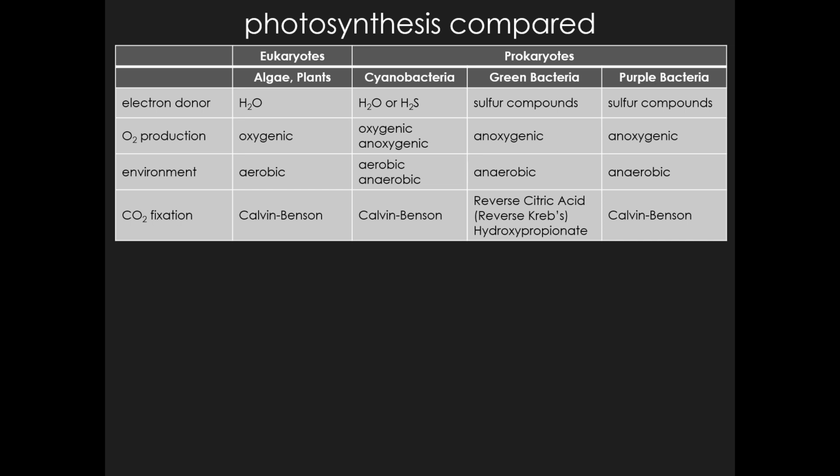Because they use sulfur, they do not produce oxygen. They live in an anaerobic environment. Again, their pigments are suppressed in aerobic environments, although interestingly, some of them can survive undergoing heterotrophy in those environments, which we'll see in just a moment. And all of them utilize the Calvin-Benson cycle in order to fix CO2.